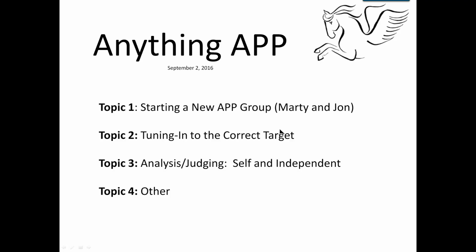What's going on when you don't, and what really might you do to improve this tuning in, improve your hit rate. And then topic three is this issue which is always around in the ARV world, which is, during the analysis judging phase of an ARV prediction, self versus independent judging.